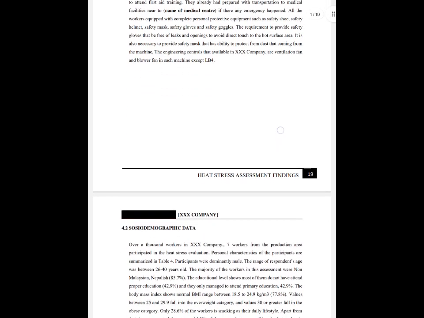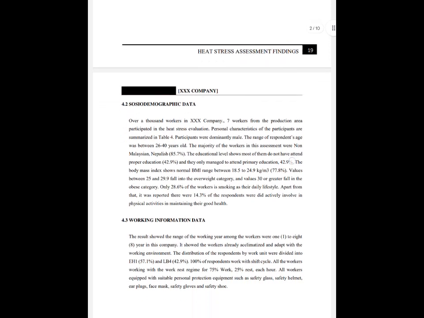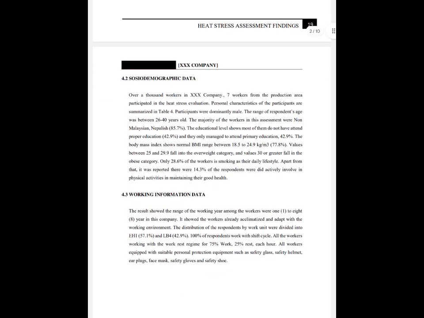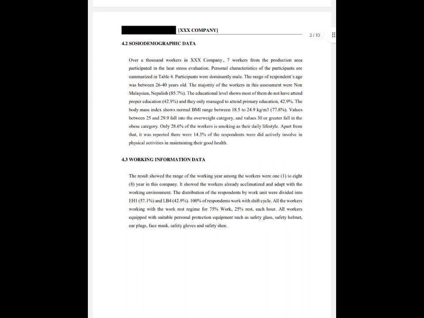Okay, then next their results are about what they obtained from the questionnaire, which is the social demography data, about the respondent age, the citizenships, and also BMI, and then working information data, covering information on acclimatization, and also the shift cycle and work rest regimens.